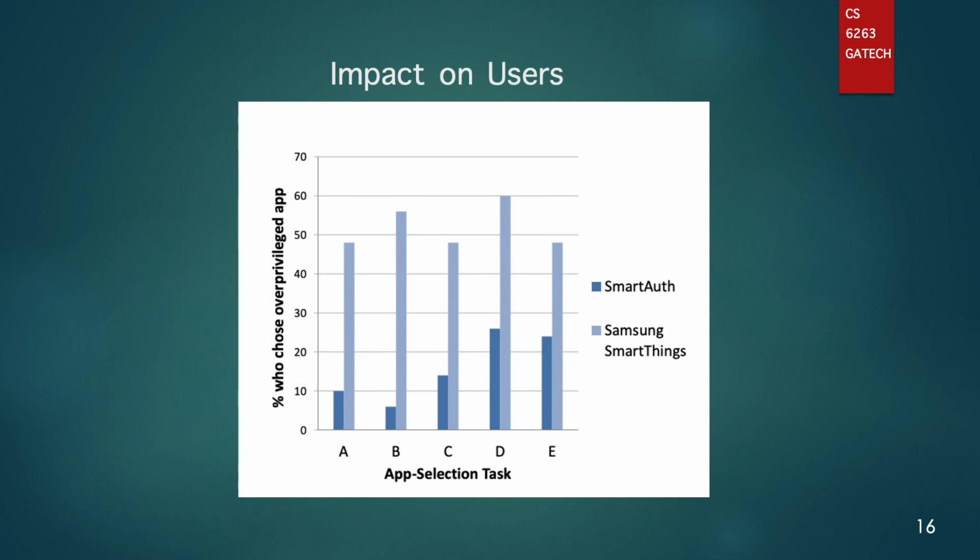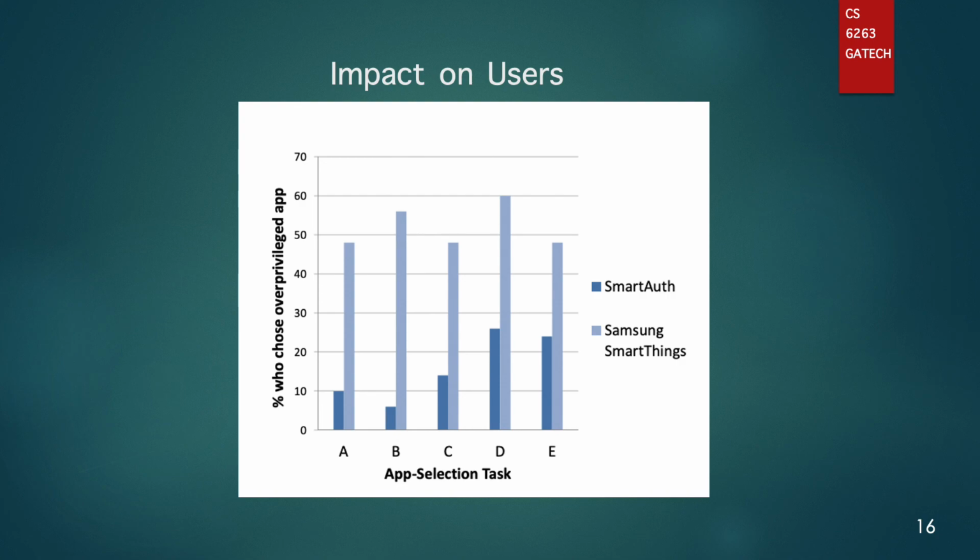These are the impacts on users. For five tasks, participants chose between two similar Internet of Things apps, one of which was overprivileged. This graph shows the proportion of participants who chose the overprivileged app, similar to what one would expect from random selection.